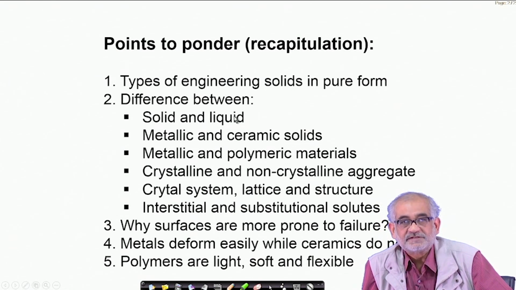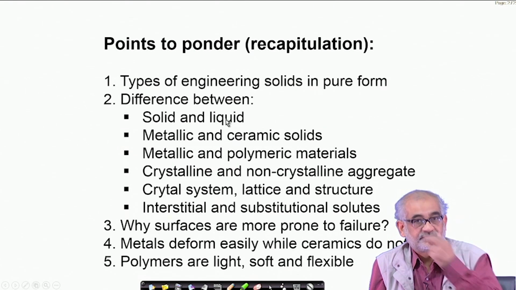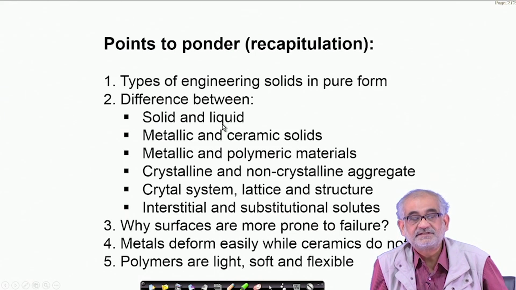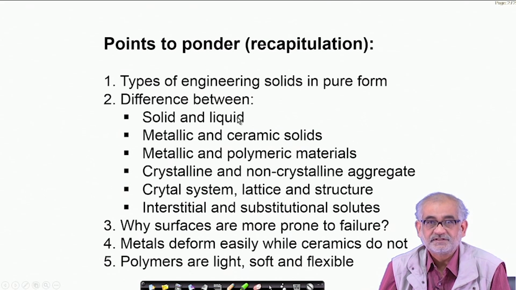But then we must realize the difference between solid and liquid in terms of shape and rigidity. Though they have the same volume, solids have a fixed shape whereas liquids don't, and that's purely because of the strength of the bonds within the species. We tried to understand the differences between metallic and ceramic solids, similarly metallic and polymeric, or polymeric and ceramic.